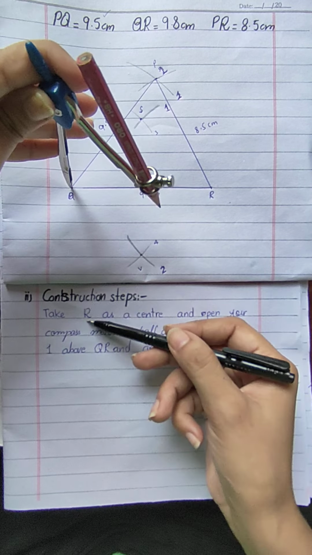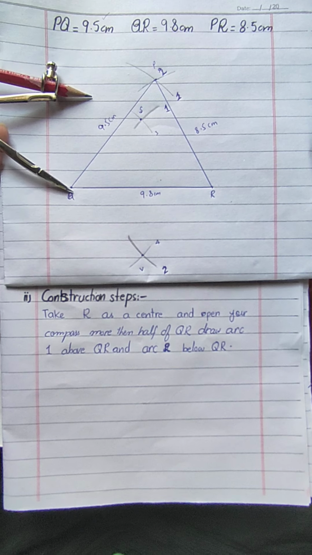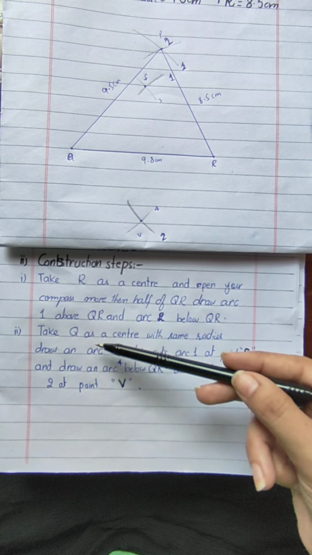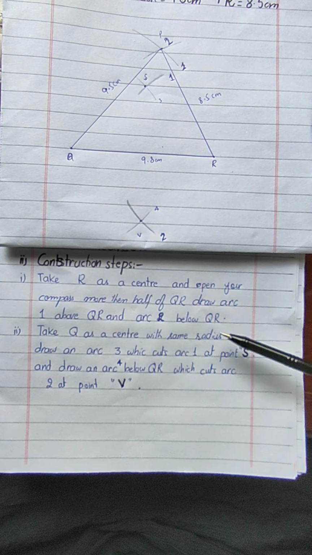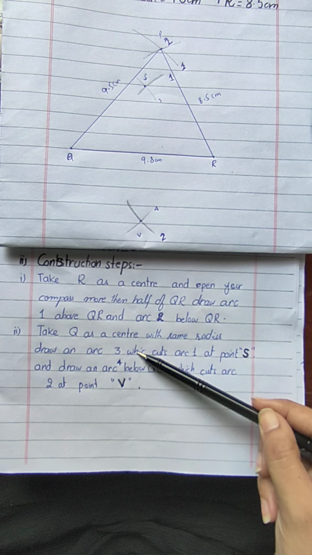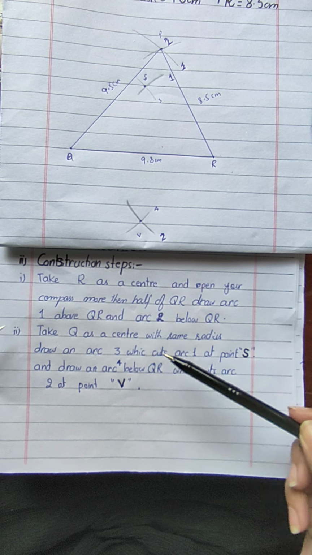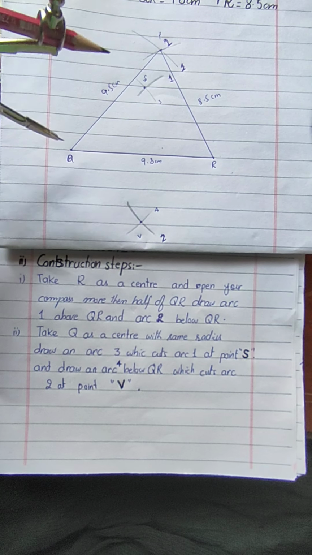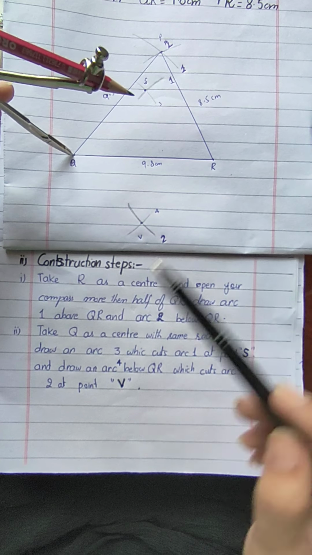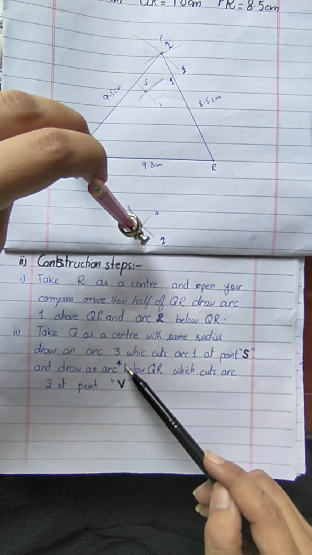Now we will write the construction step of this one. Take Q as a center with the same radius. Draw an arc 3 which cuts arc 1 at point S. And then we will draw an arc 4. This is the fourth arc.